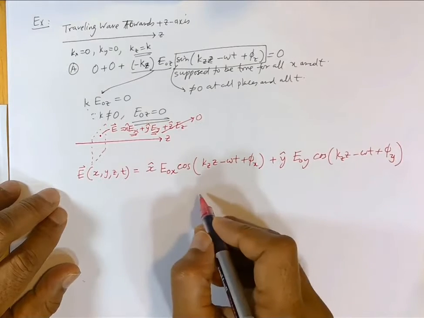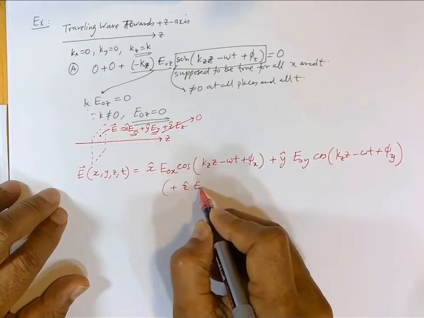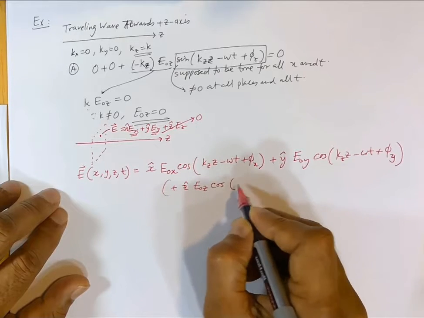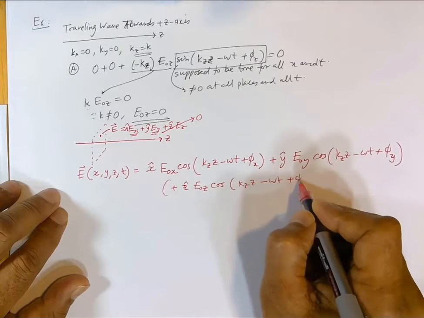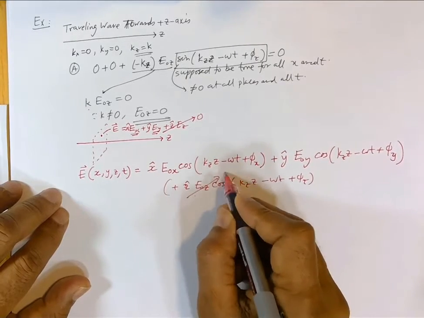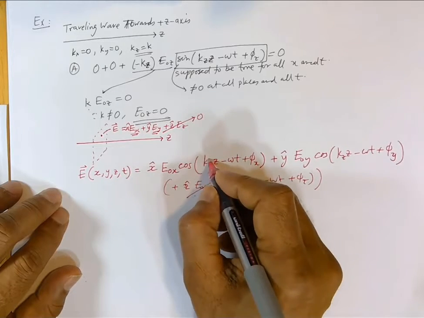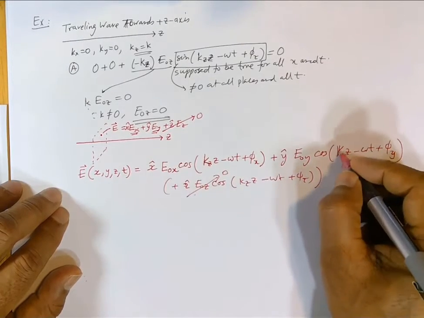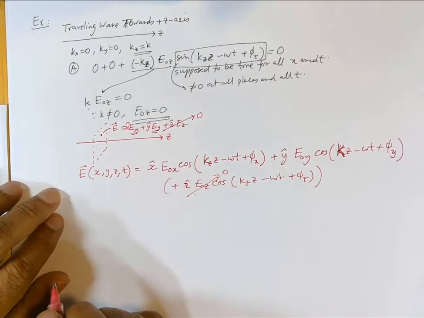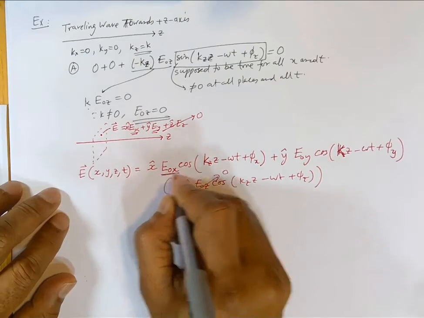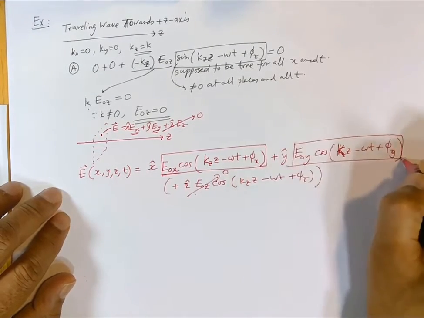The third part would have been z hat E0z cosine of kz z minus omega t plus phi z. Because this is 0, that part is not there. And because there's only one k here, we can just write down k here. If you want, you can just write down little k for that. So instead of 3 electric waves, I need to only work out 2 electric waves.